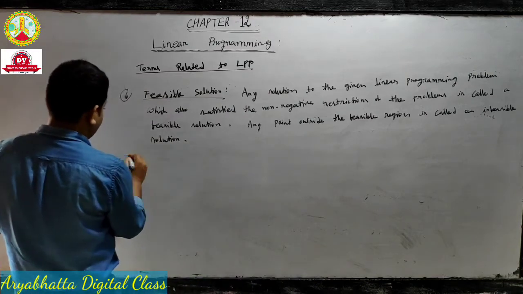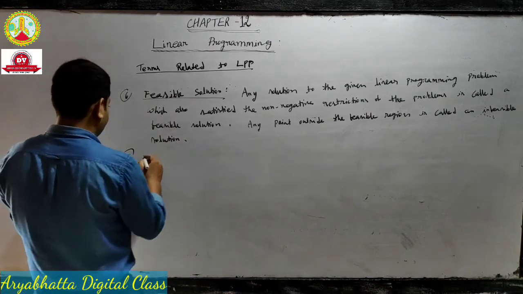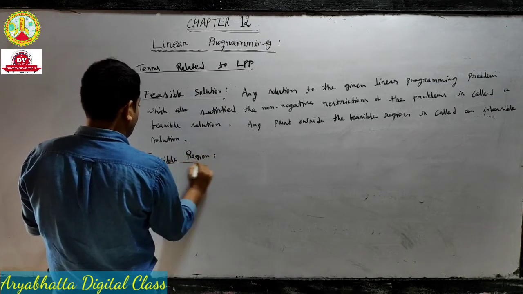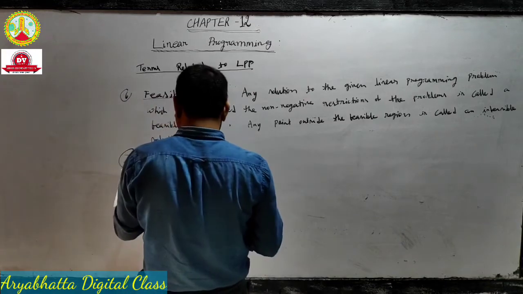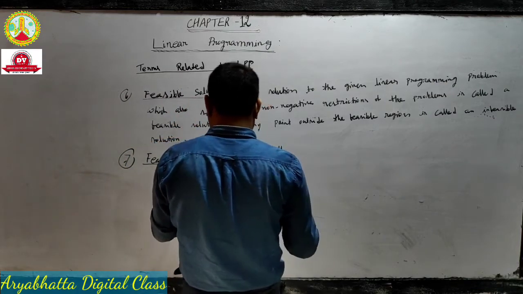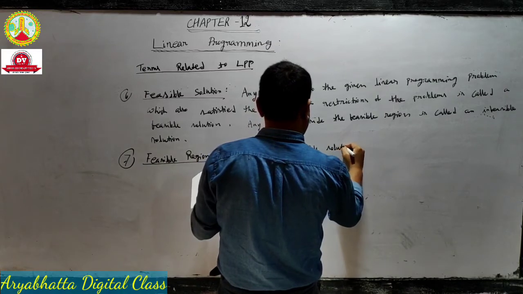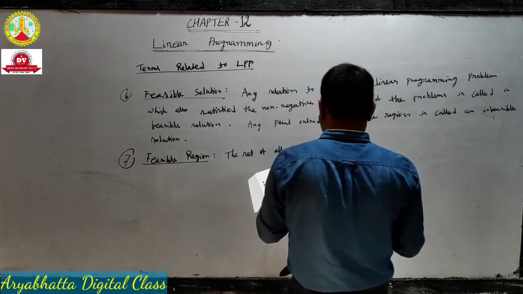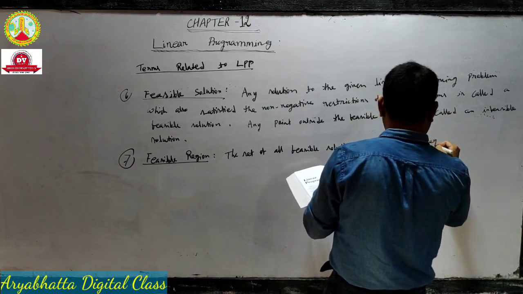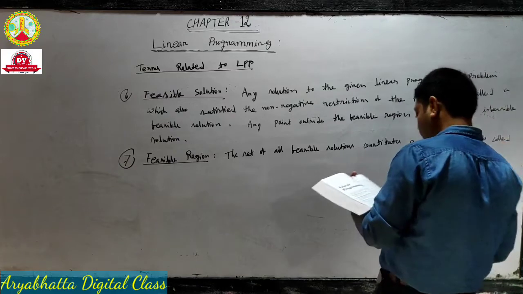Number 7, feasible region. The set of all feasible solutions constitutes a region which is called the feasible region.